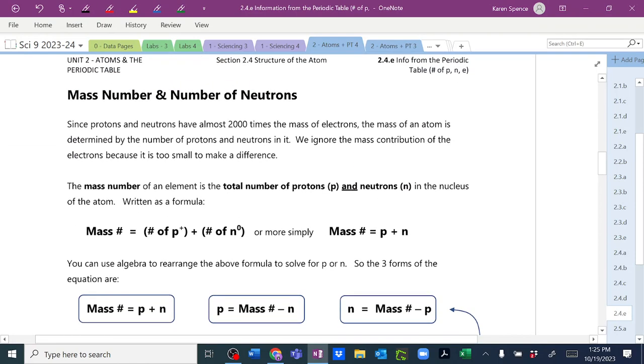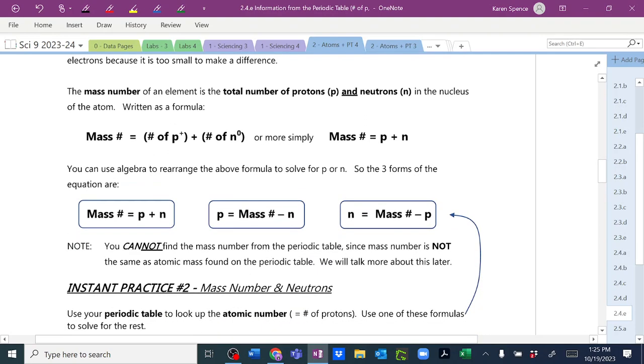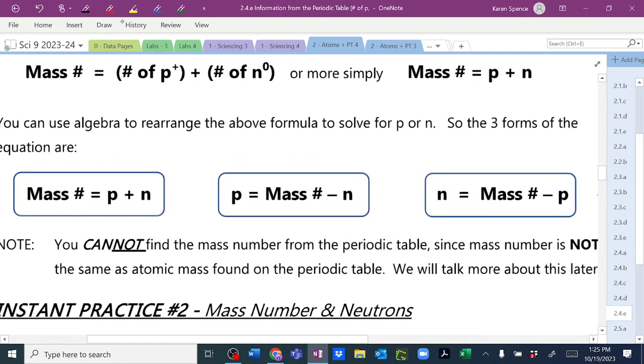So on our next page, we know, because we learned it yesterday and today, that the mass number is equal to the protons plus the neutrons. That means, yes? No? Okay.